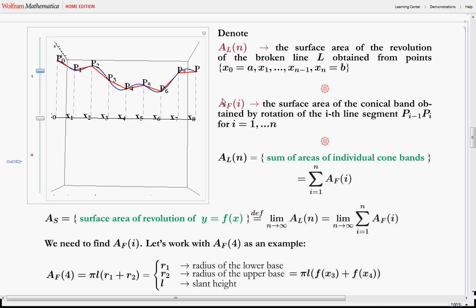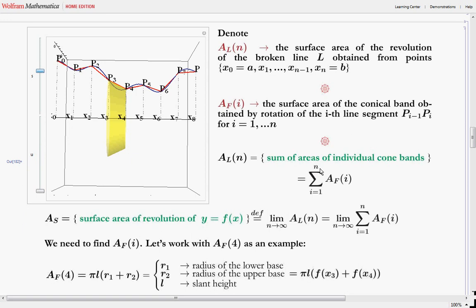Let A sub f of i be the area of an individual conic band, or frustum, in the collection of frusta obtained from the individual segments of the broken line L. We can see that A sub L is the sum of surface areas of individual frusta, so we are using here the summation sign from i equal 1 to n.